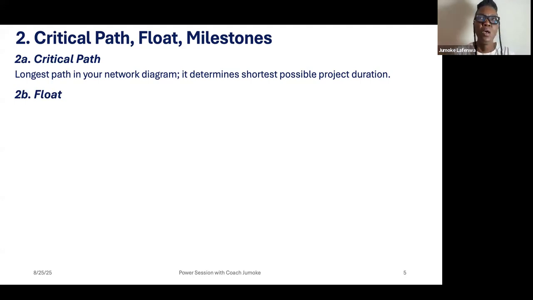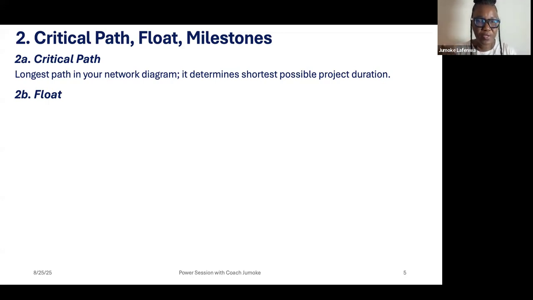Now we have float. When you draw your network diagram, each activity would have early start and early finish at the top of the activity. At the left side, you have the early start. At the right side, the top corner, you have the early finish. And the lower part of the activity, we have late start and late finish. The difference between the late start and early start will give you float.